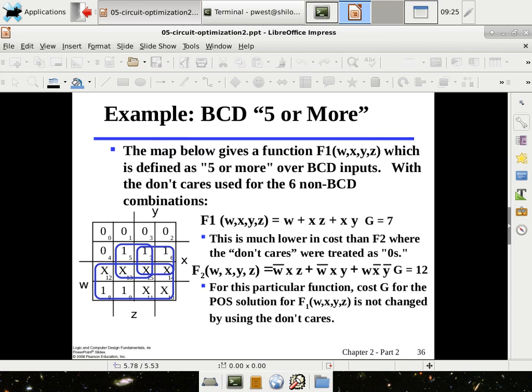If we treated the don't cares as zeros, we would have to use Y naught XZ, which is these 2 for the first term, and then Y naught XY, which is these 2, and then down here it'd be W X naught Y naught, which would have a gate input cost of 12 as opposed to 7. So can you at least see how the don't cares help us out?